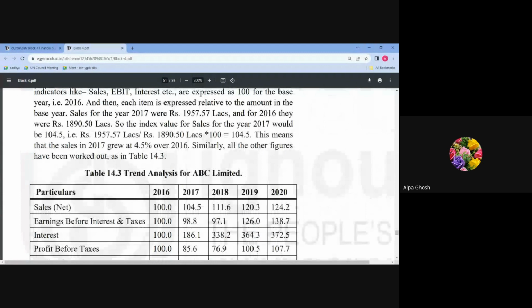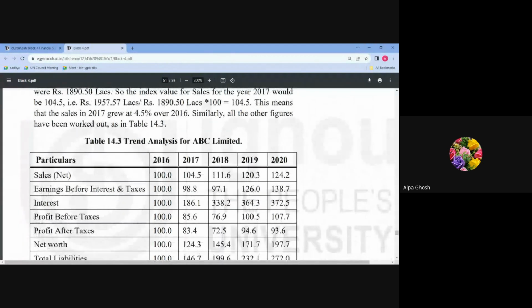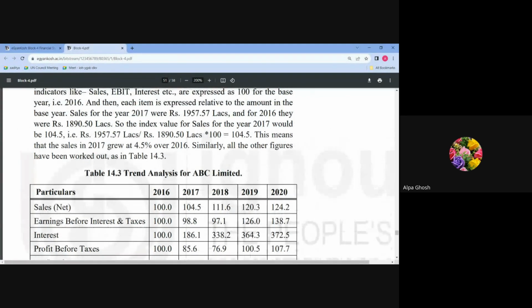Now, what we do, we take the figure of sales of 2017. In the question, the sales for 2017 was 1957 lakhs, and the base year figure is 1890. So now we compare 1890 as the previous year and 1957 as the current year.